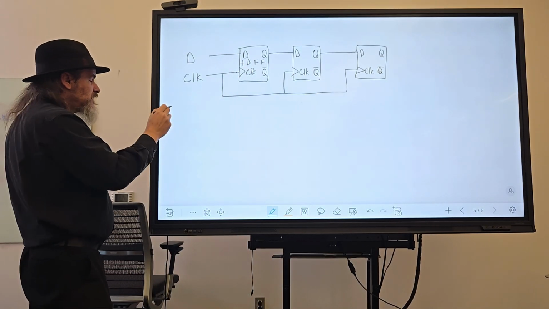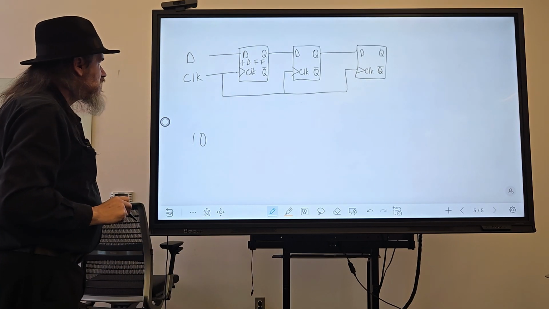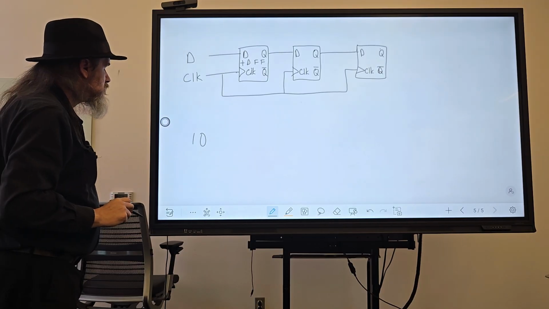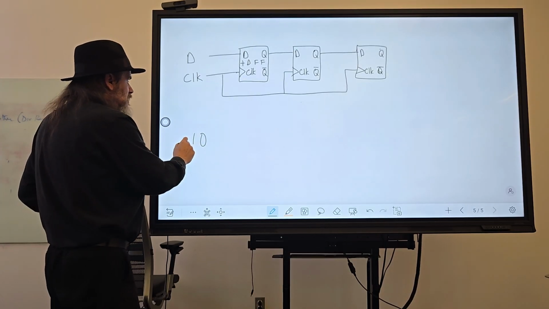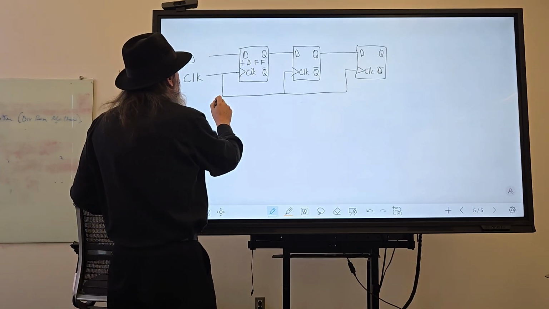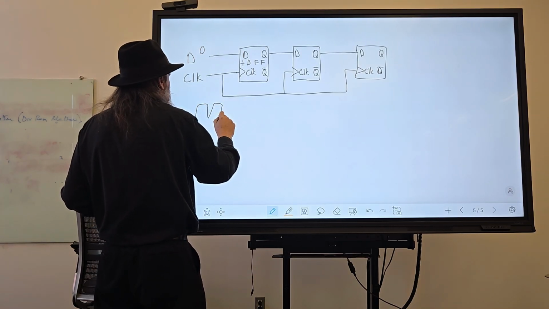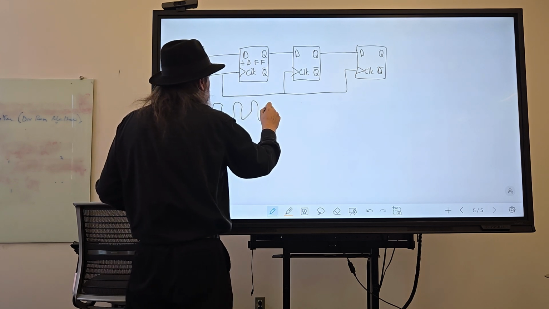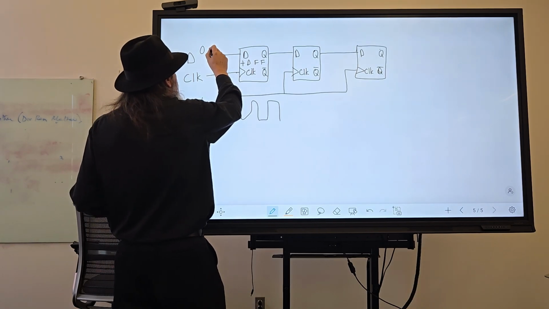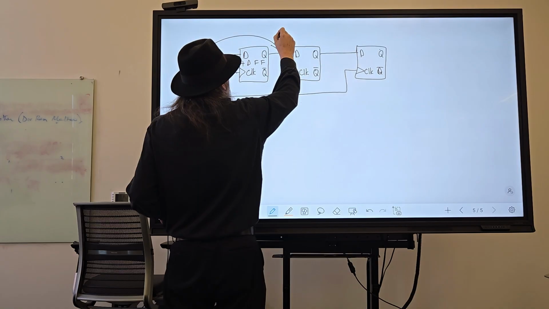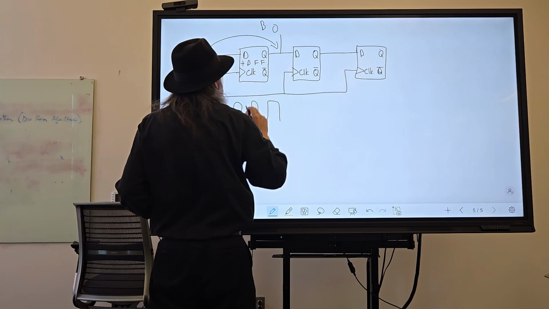So if you have 1, 0 coming in, and 0 goes first. The first clock cycle, 0 would be transferred to here, and that would be your B0, bit 0.